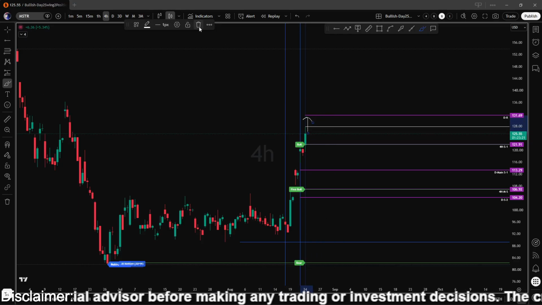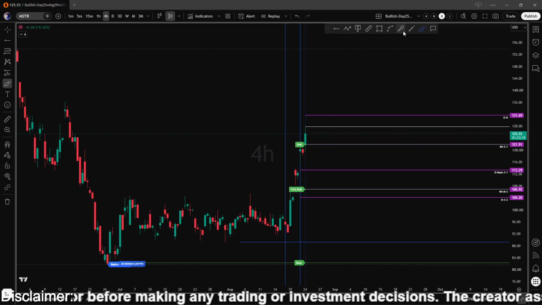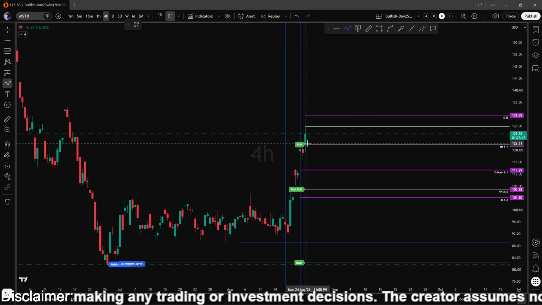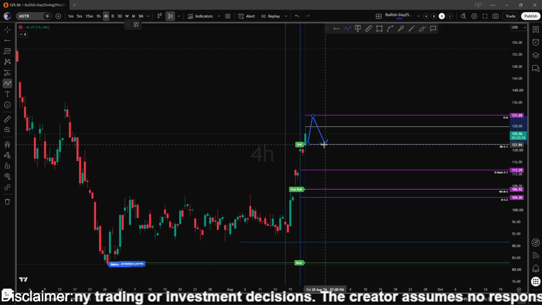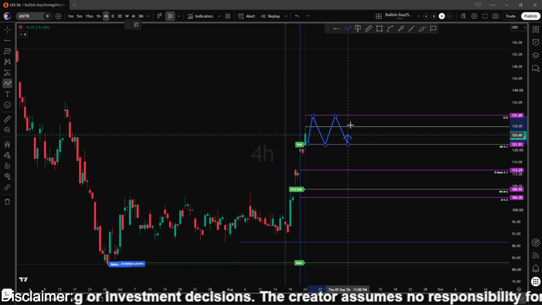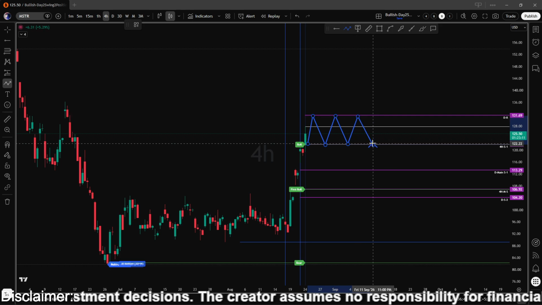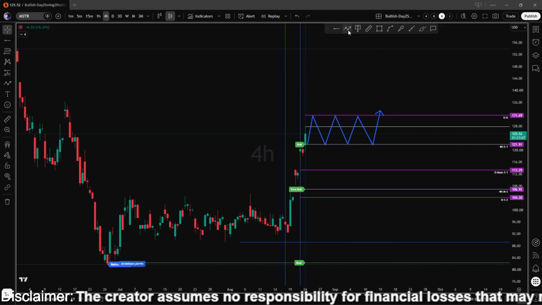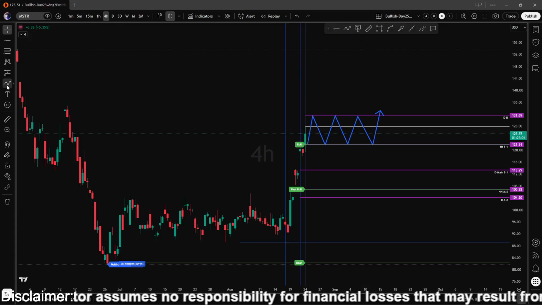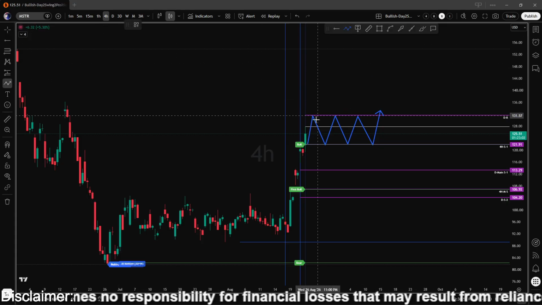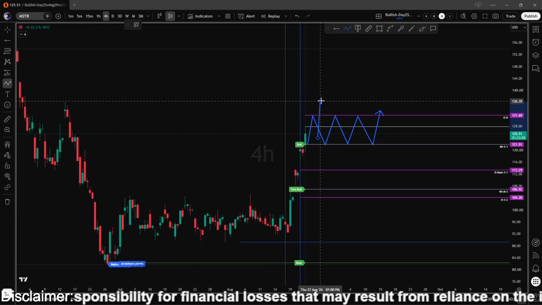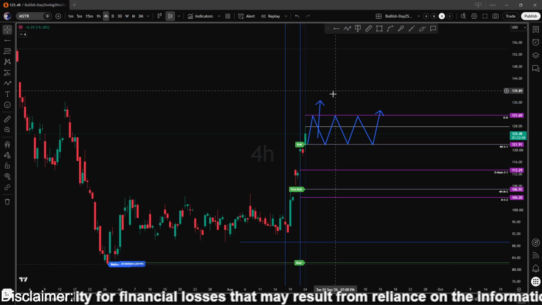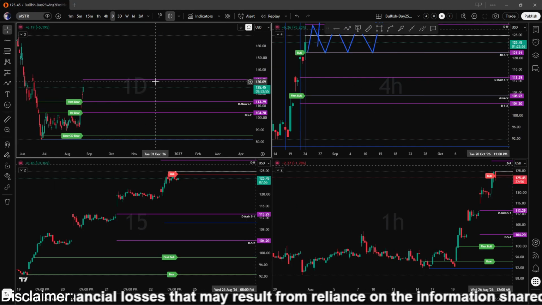But as long as the price keeps on trading in between these two levels, the price may consolidate, and then eventually there will be a daily candle closing above this level, because this is the daily level.